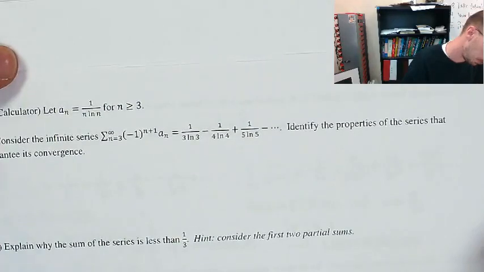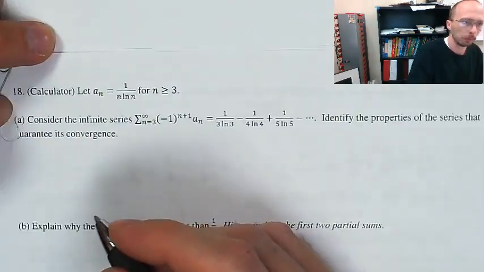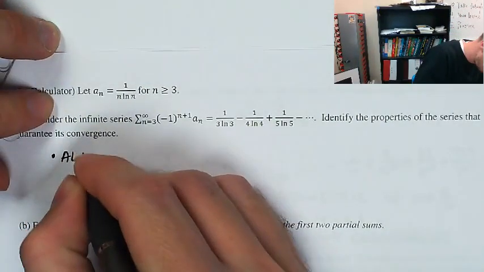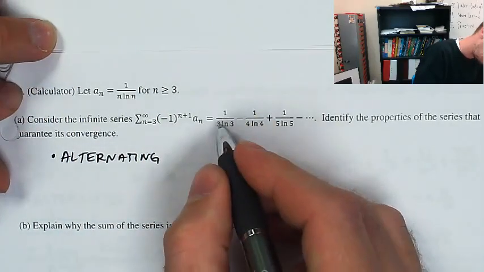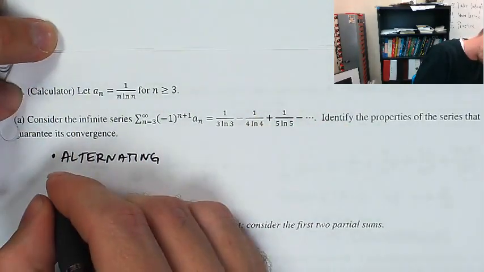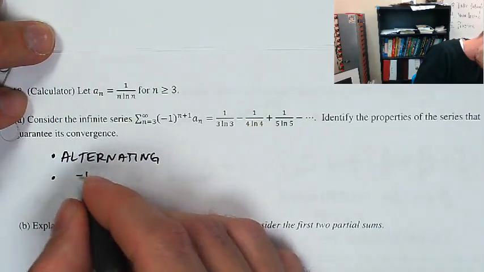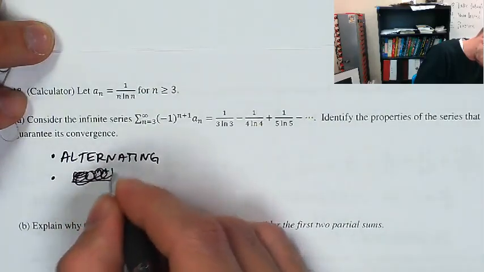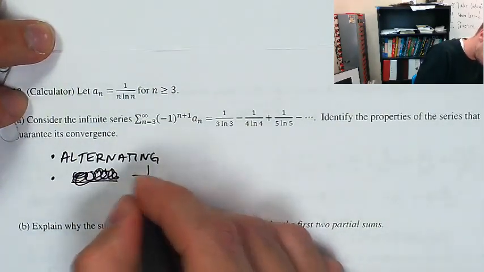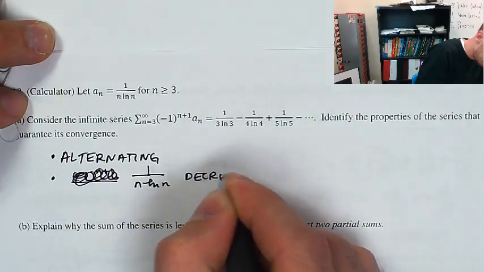Identify the properties of this series that guarantee its convergence. We can do that. It's alternating. Its terms are getting smaller. So negative 1 to the n plus 1 over, no, pardon me, we need the absolute value of the term, so we don't care that it's decreasing. 1 over n log n is decreasing.